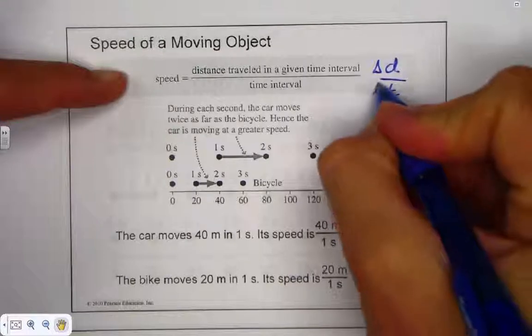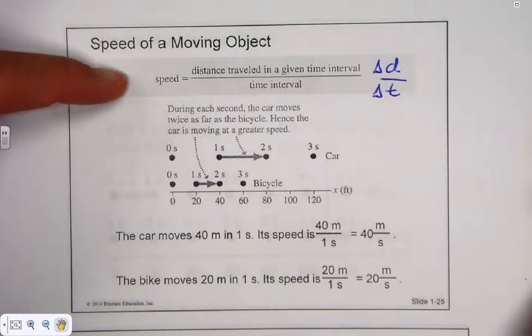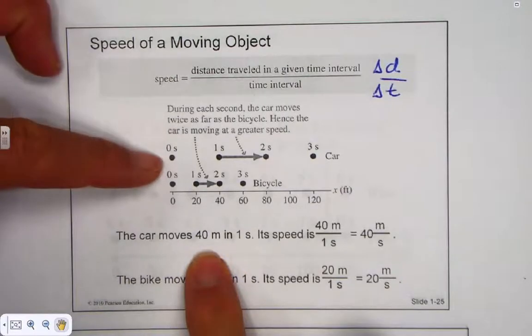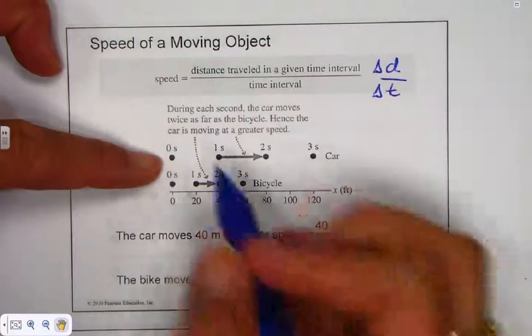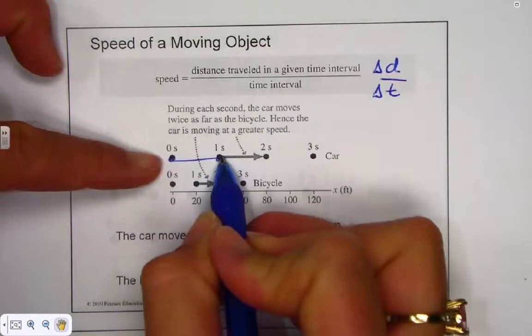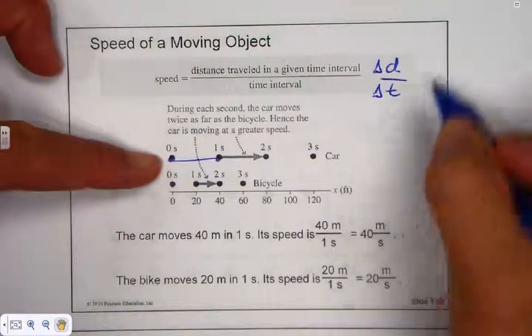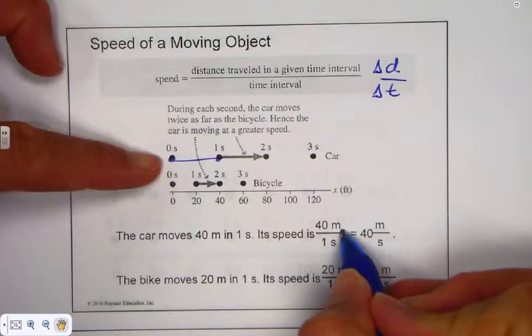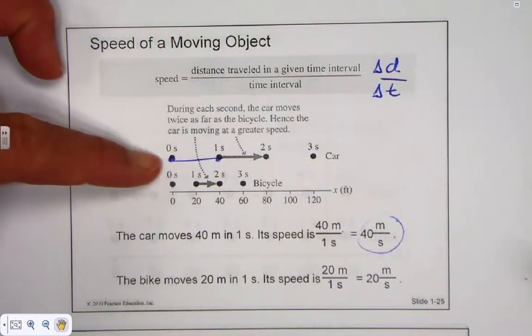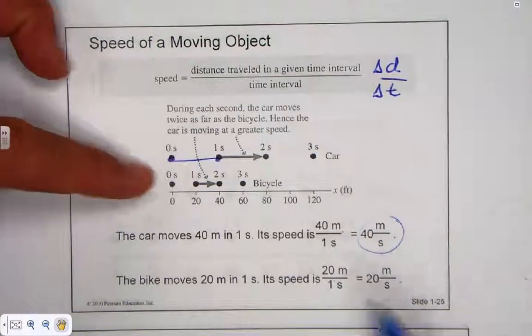The change in the distance over the change in time. If we look at the car, which is the top area, moving 40 meters in 1 second, from time 0 to 1 second, the distance is 40 per 1 second. We just report that as 40 meters per second.